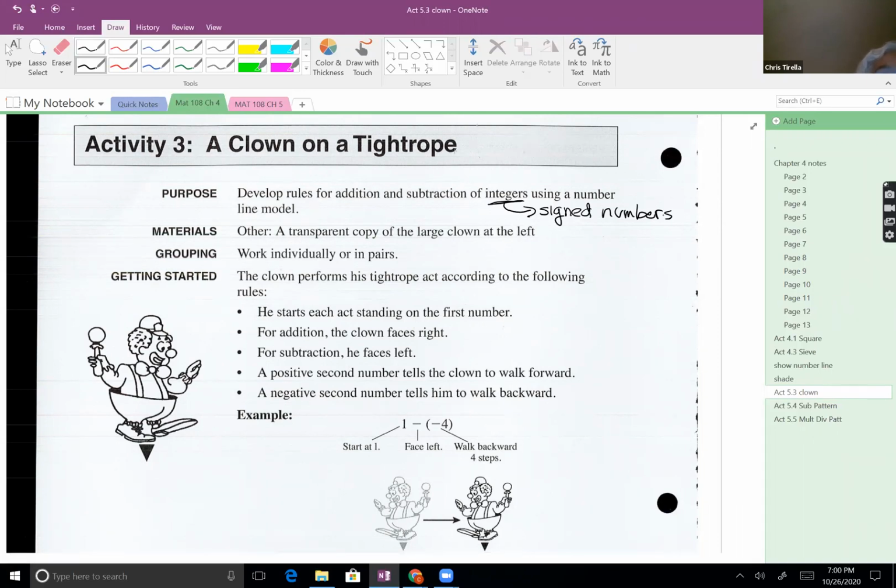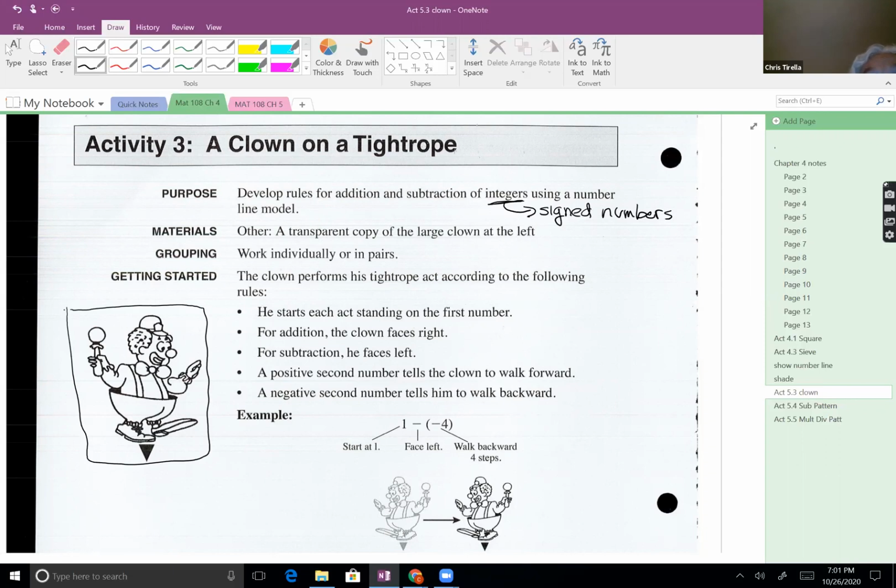The material we need is a transparency of the clown on the left, but I apologize, I'm not a good drawer, so we're going to wing it. Let's start setting them up together and then give everybody a few minutes to work on some on their own.